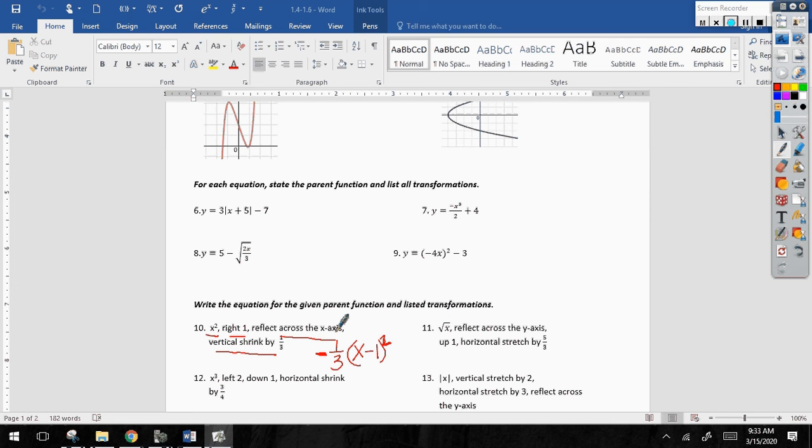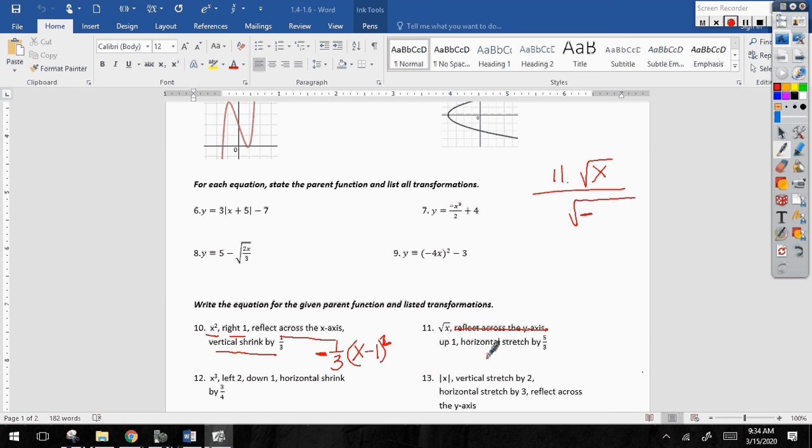Okay. For number 11, I'm going to come up here so I have a little more room. I start out with a reflect across the y-axis, which means I'm going to negate x. Okay, so I'm going to put that negative with the x here. And actually, I need to leave a little bit more room because that'll reflect across y, but I also need a horizontal stretch by 5/3.